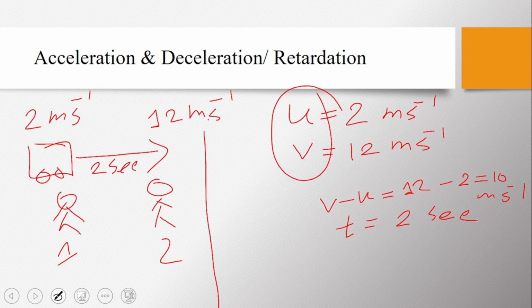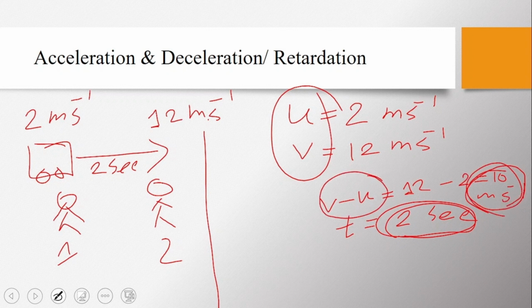In 2 seconds the change of velocity is 10 meter per second. Now if in 2 seconds the difference is 10, what is the change of velocity in 1 second? Then you will say that it is v minus u divided by t. How? v minus u is 10, and the time is t.